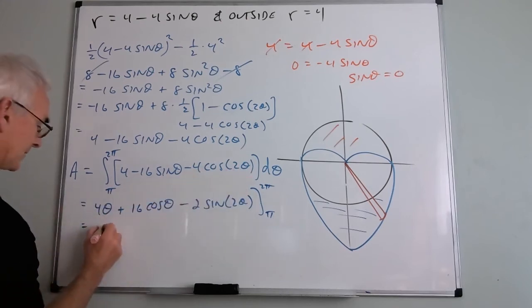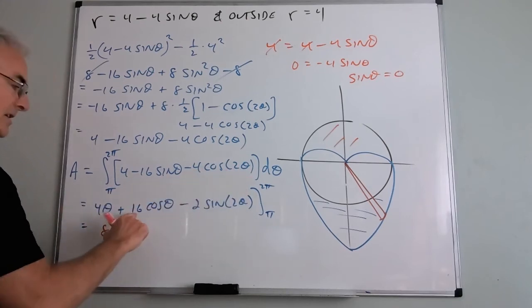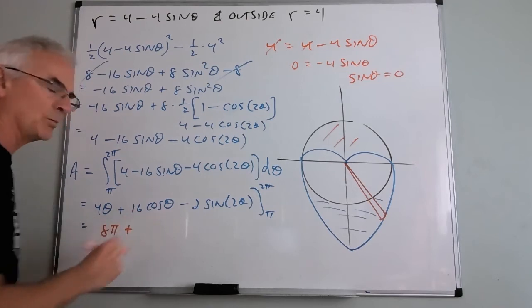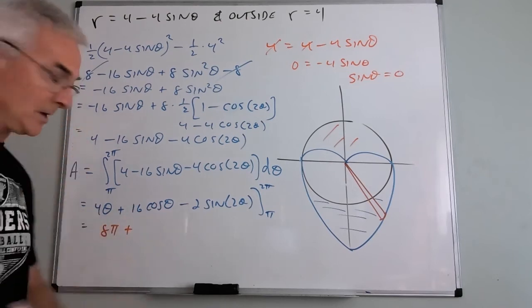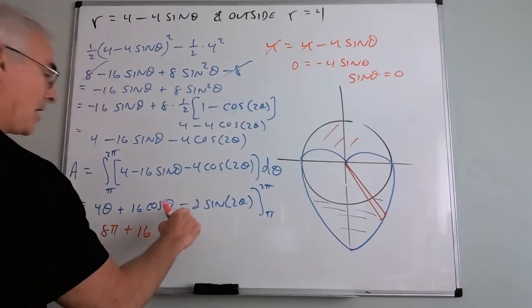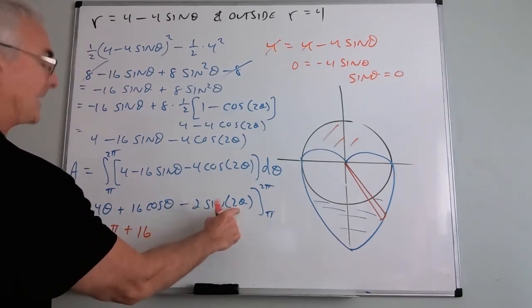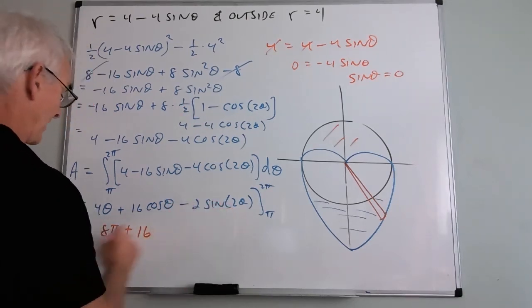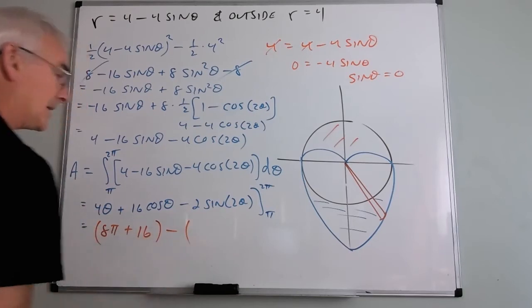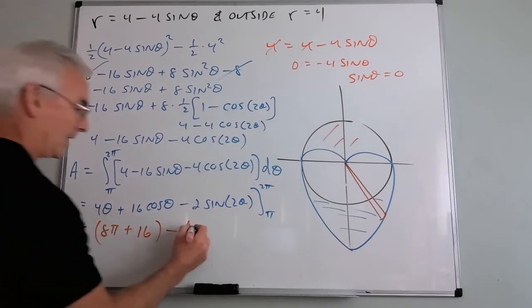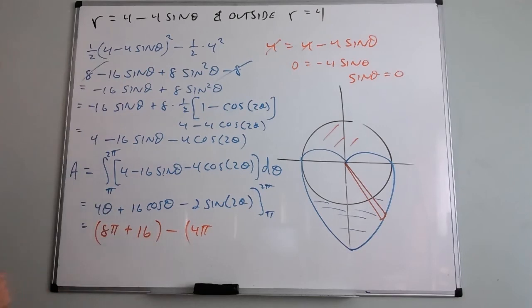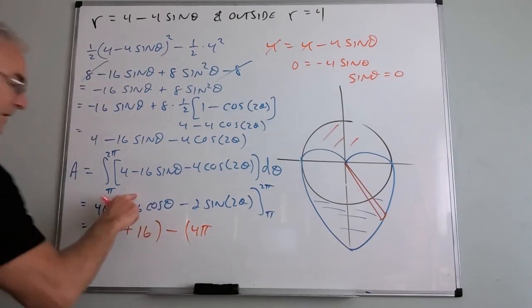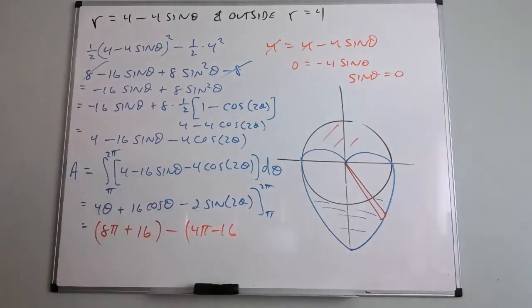So that's 8 pi plus 16 times the cosine of 2 pi. The cosine of 2 pi is 1, so that should be plus 16, minus 2 times the sine of 4 pi, and sine of 4 pi is 0. Now evaluate it at pi. Aha, that would be 4 pi. Cosine of pi is negative 1, so this will be minus 16.